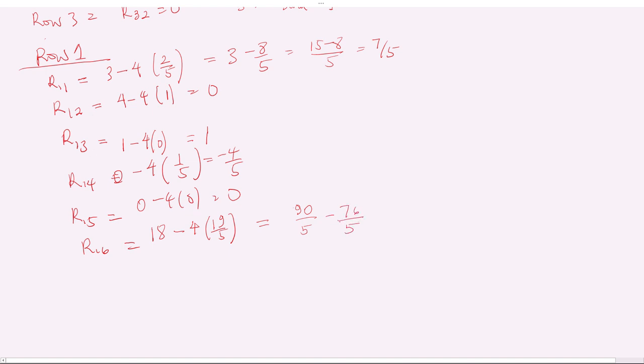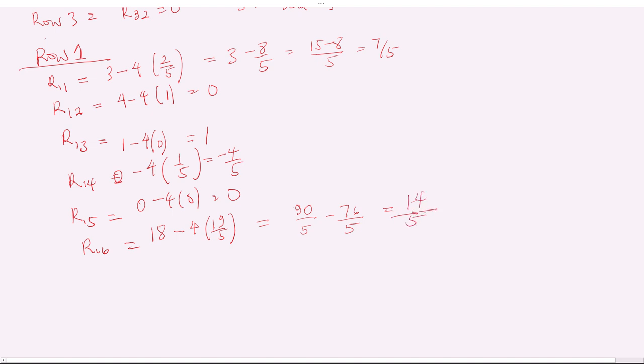If I'm right, yes. And let me check this calculator wise, 19 times 4, 76, 18 times 5, 90 minus 76. So this is going to give us 14 over 5.